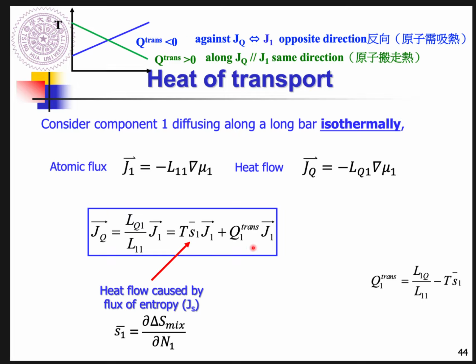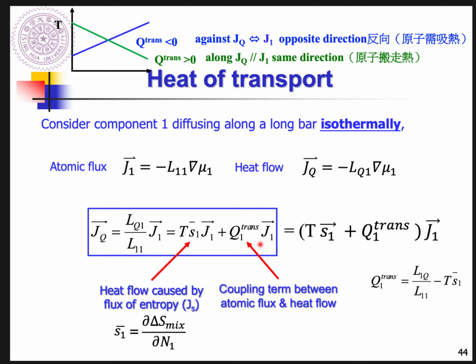And the second term is, you also have the atomic flux, right? But the term is the heat of transport. So this term comes from the coupling term between the atomic flux and heat flow. Some people will take the atomic flux outside, so we get a shorter expression. It's just a simple mathematical technique.